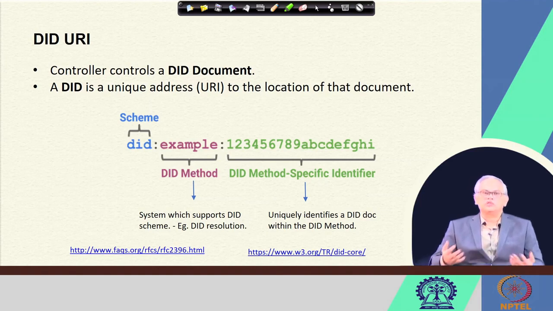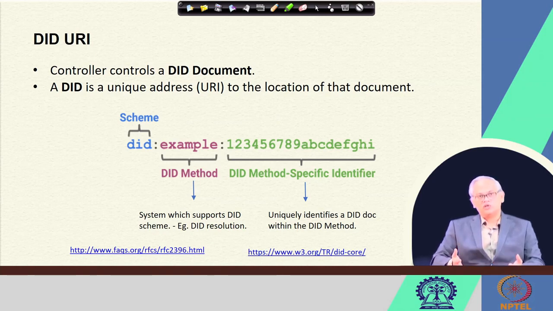Those could be certified by the subject itself, but if it is an important attribute like a degree certificate, where the university is the controller certifying that this particular student with this roll number completed this particular degree in this year, getting so much percentage of marks, or passing in first class or whatever, then of course the subject itself cannot do this.